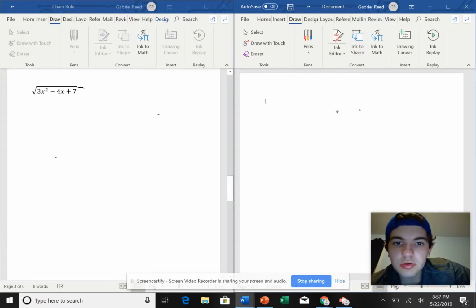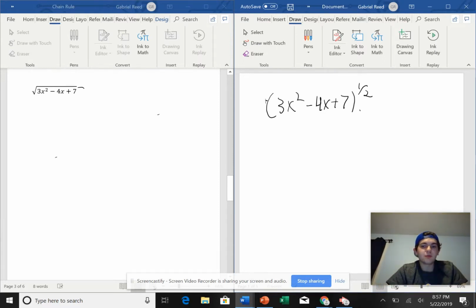in parentheses, 3x squared minus 4x plus 7 raised to the 1/2 power. Now, just like before, we're going to have an inner function and an outer function.